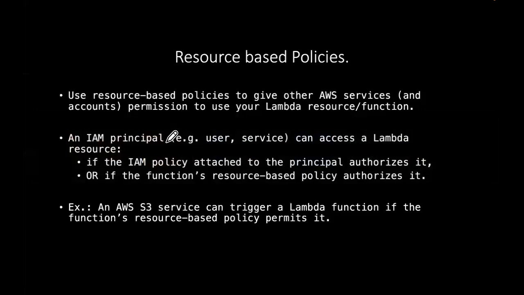Okay, right, so we have a Lambda function. We can trigger its execution from the command line. We can trigger its execution using a URL if we specified that we wanted a URL to be associated with it.